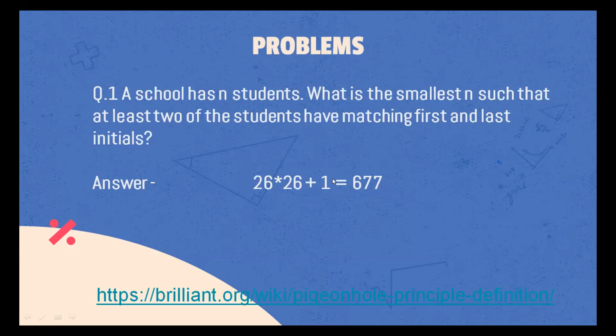So we consider all the first scenarios, that there are 26 times 26 people, and then we take one more person, so that he has the same initial as the earlier person, right? So this one would have the same initial as someone amongst these people.